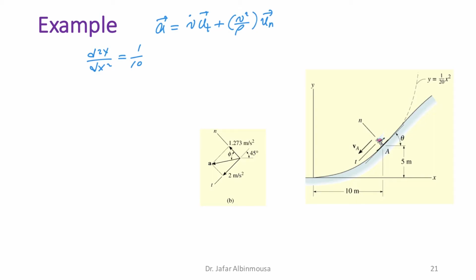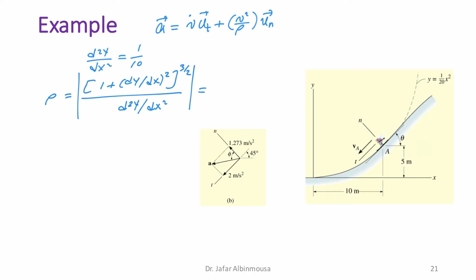Now we write down the curvature equation. Rho is equal to 1 plus dy over dx squared, all to the power 3 over 2, divided by the absolute value of d2y over dx squared, and we will end up with 1 plus 1 over 10x, this is squared, all to the power 3 over 2 divided by 1 over 10.